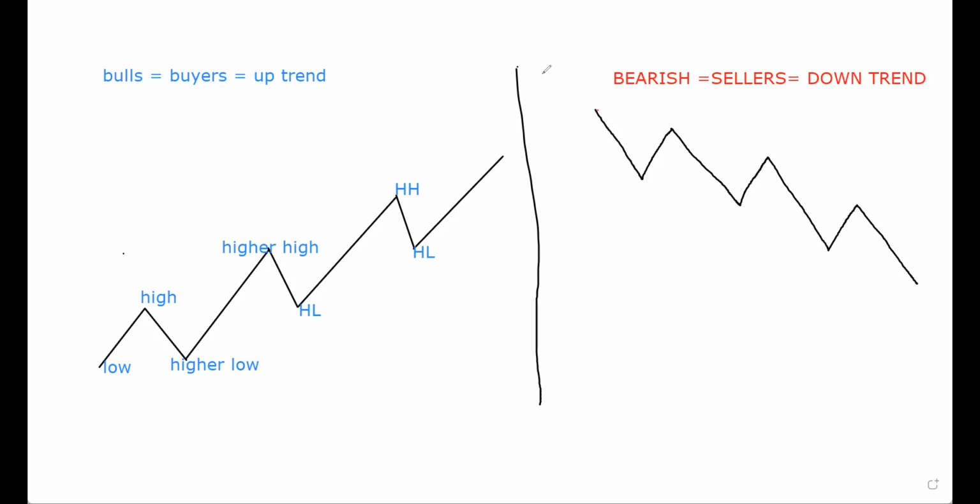Now, for the downtrend, this part, we are going to label it as a high because it's the top, right? And this will become a low. Now, let's make another short squeeze again. Now, let's look at this.